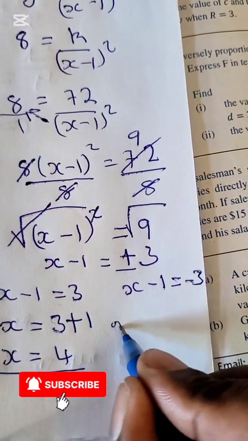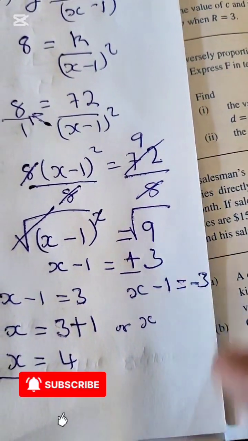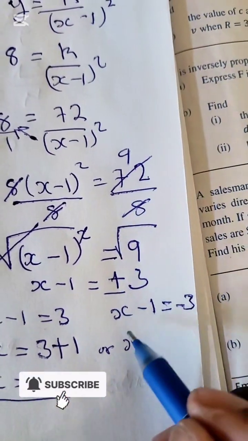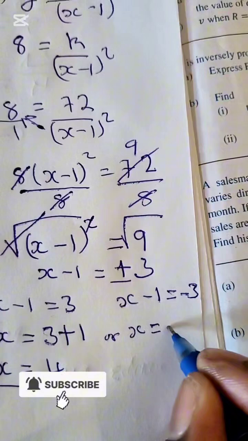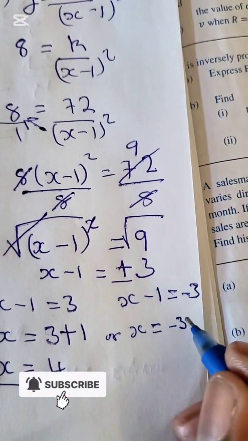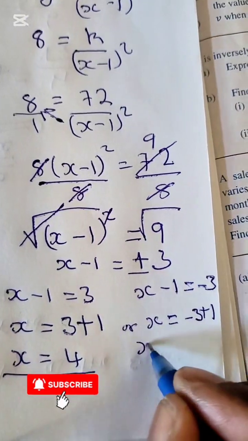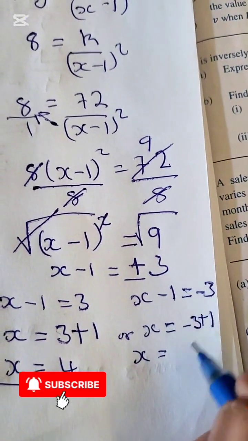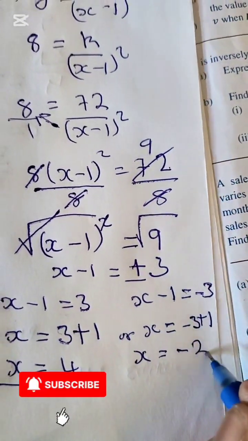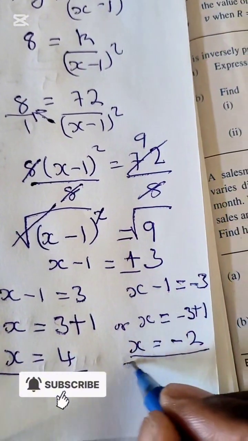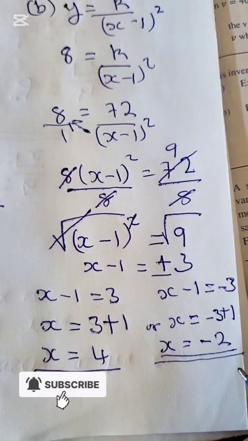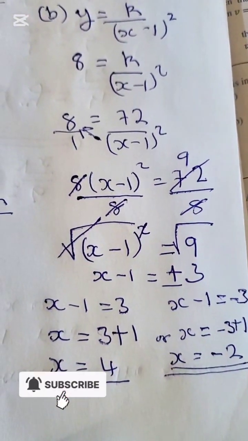For the second, x minus 1 is equal to minus 3, so x is equal to minus 3 plus 1, which is minus 2. So these are the values of x that we were looking for.